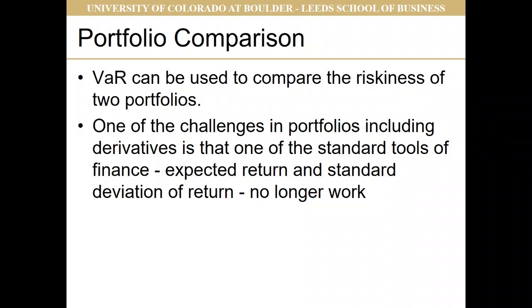So for example, let's say we measure our value at risk as a one-day 95th percentile value at risk. And we choose to sell options which can be exercised about 1% of the time. Well, 99% of the time they aren't exercised. So the 95th percentile value at risk is 0. We never lose any money. That, of course, is a very risky portfolio, but it never loses money according to the value at risk, and so value at risk looks good.